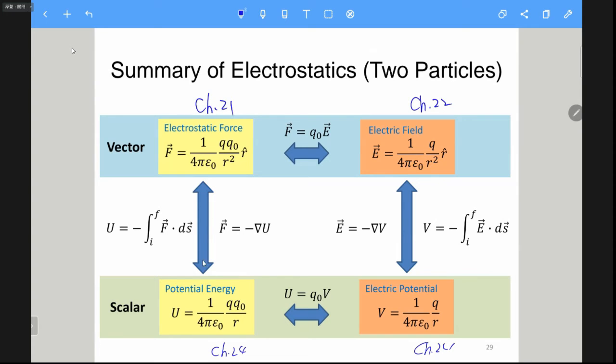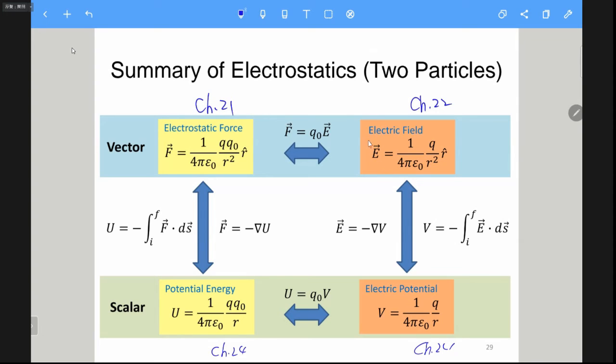But vertically, if you need to convert electrostatic force to potential energy, we need the derivative, or generally the gradient, or the other way around, the line integral. Likewise, for the electric field, you have seen it before.